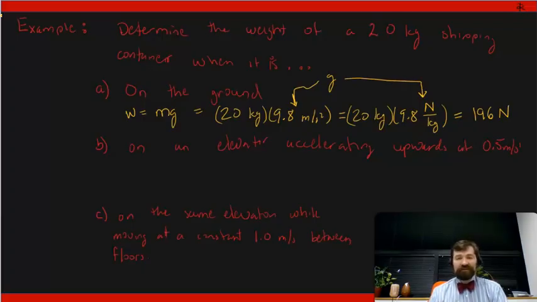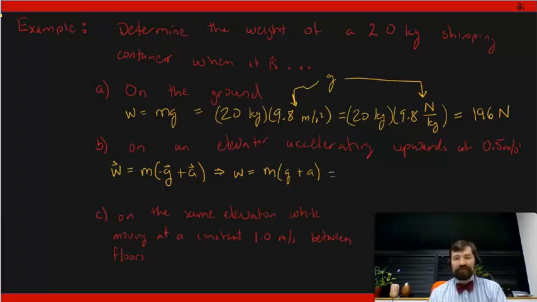Now we're on an elevator that's accelerating upward at 0.5 meters per second squared. So the weight is now the mass times this same g plus this upward acceleration. So we could say something like this, and therefore the weight is m times g plus a.